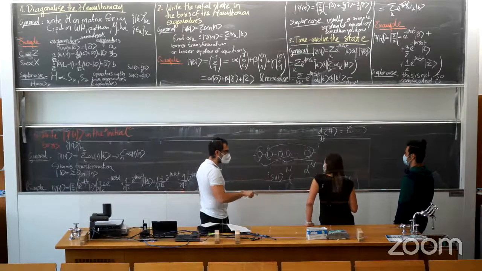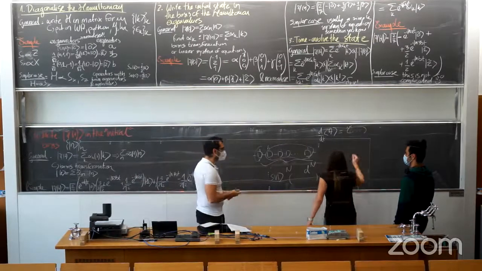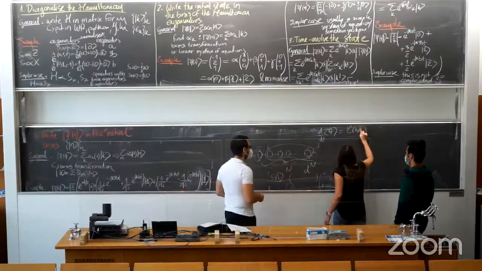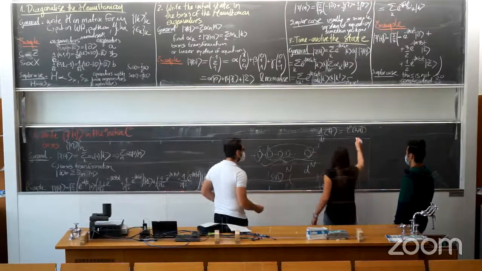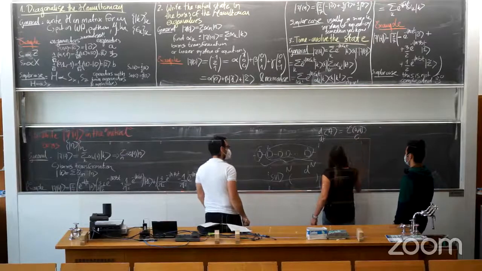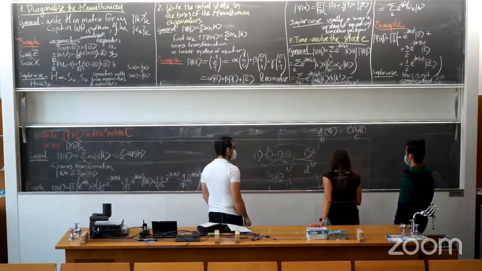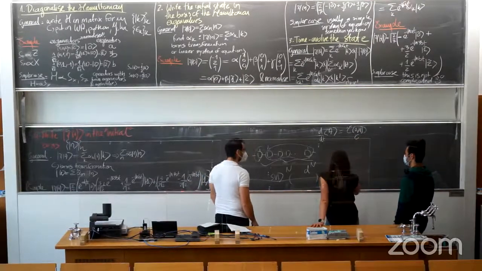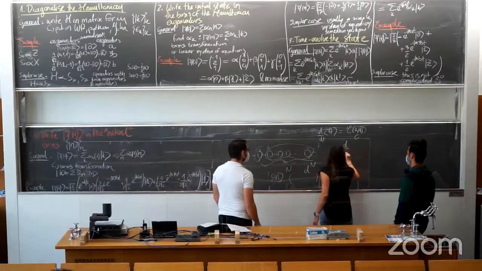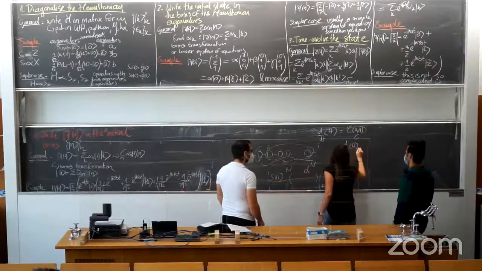And then here you have an H like this, and this can be seen as an operator C. This is also an exercise you see this week. So here you see that the dt of A can be the expectation value of another operator.